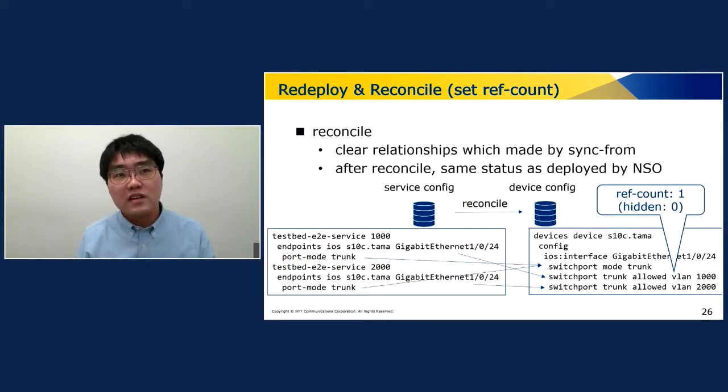Finally, we do reconcile. Reconcile checks each device config is generated by service config and clears hidden ref count. After we do reconcile, device config status, especially ref count, is the same status as deployed only by NSO. So if we delete its service config, the related device config will be deleted.